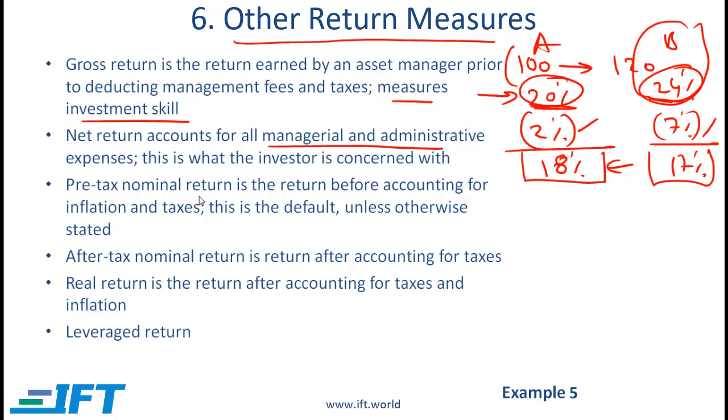The pre-tax nominal return is the return before accounting for, or before subtracting, inflation and taxes. This is the default unless otherwise stated. The point here is that when we say an investment is returning 18%, this 18% is the pre-tax nominal return. Let's say that the tax rate is 30%, or let's make it simpler.